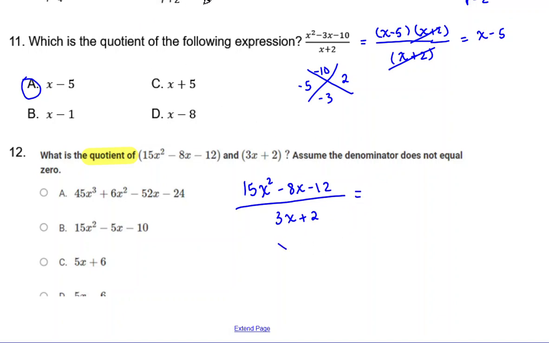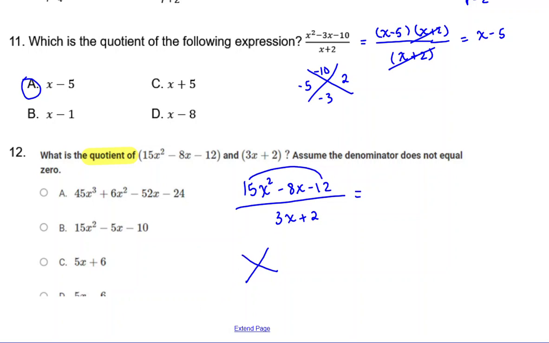It's one of those really difficult factoring problems because of the 15 in the front. The previous ones didn't have a number in front of x squared, so it was a little easier. So let's go ahead and factor this out. I'll look for two numbers that multiply together to give me a times c.